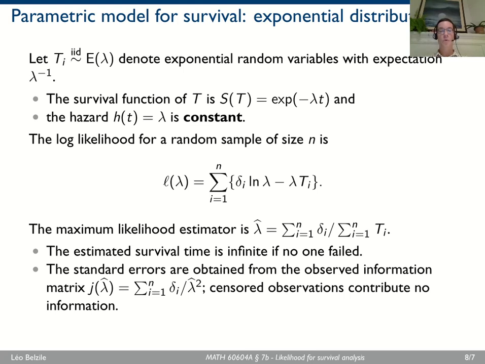But perhaps more interesting is the uncertainty of your weighted mean estimator. We obtain the standard error in the usual way from the observed information matrix. You compute this weighted estimator, and you get the observed information, the negative Hessian, and you'll see that actually censored observations do not contribute any information about observed failure time.